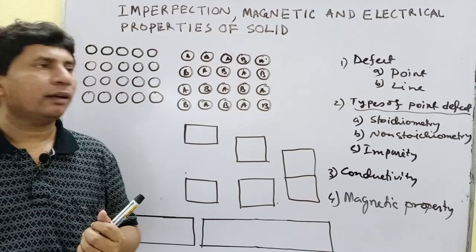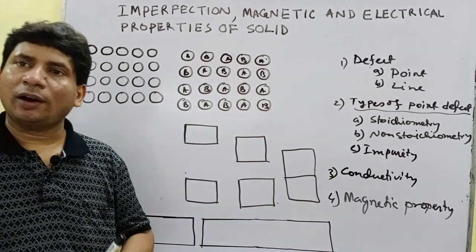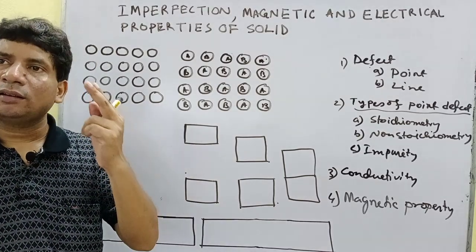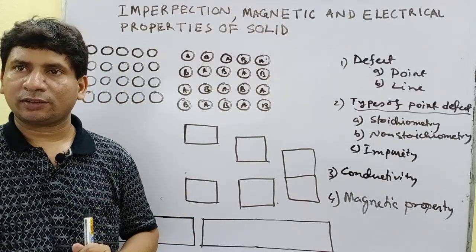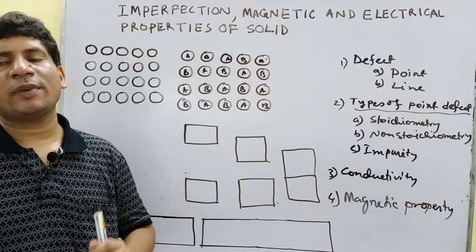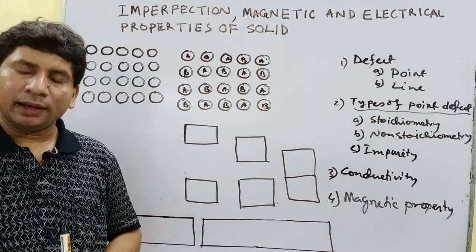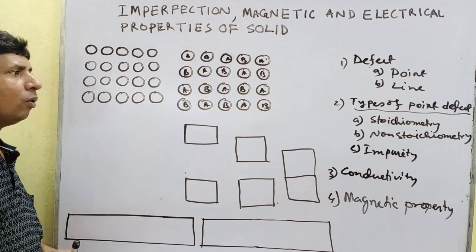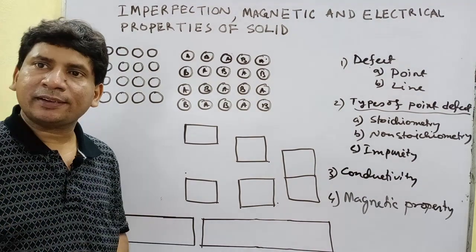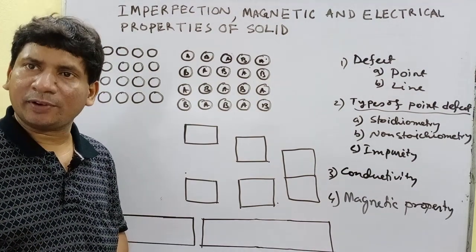At first we will take ionic solid stoichiometric defects. What are ionic stoichiometric defects? In ionic stoichiometric defects there are two types of defects. One is Schottky defect, another is Frenkel defect.